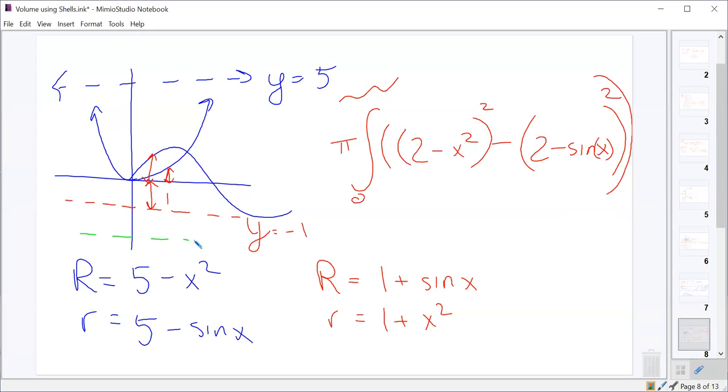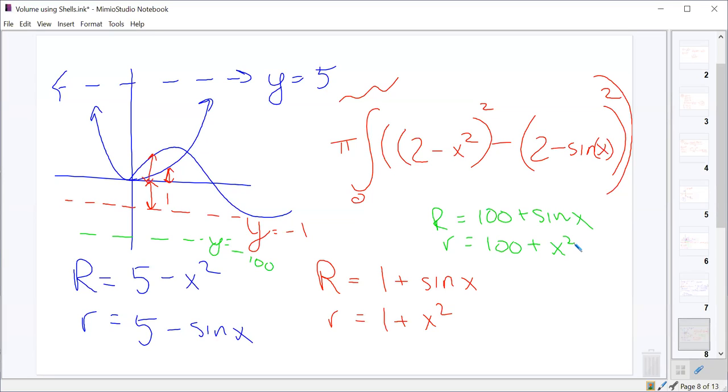What if I ask you to go around the line y equals -100? Your outer radius would be 100 plus sine x. Your inner radius would be 100 plus x squared. Everybody good with that? So I feel like we should be okay with revolving something around any horizontal line.